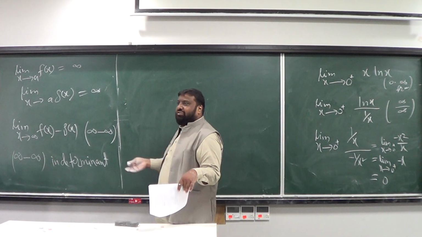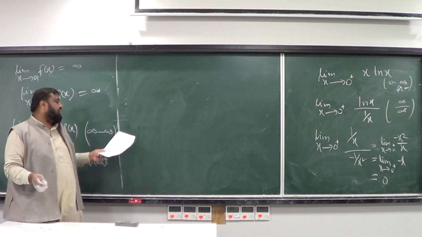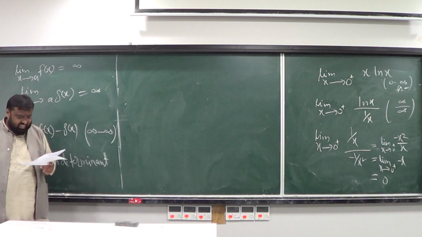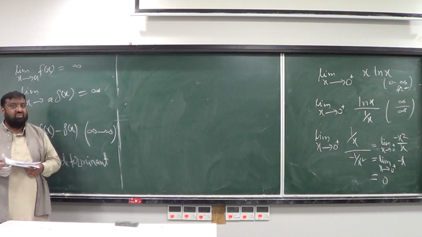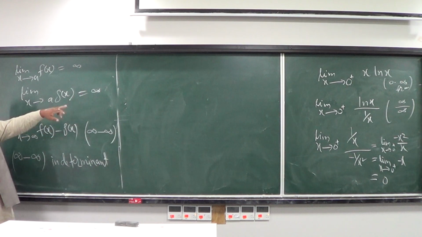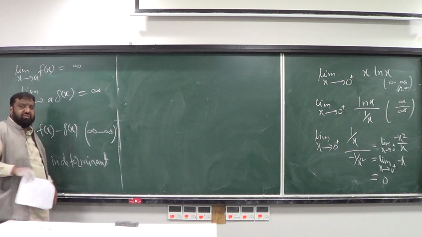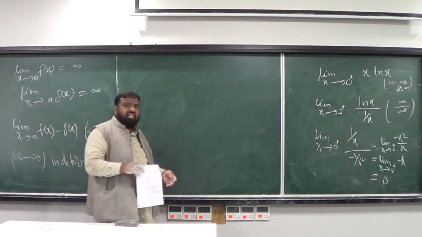And you can't even say infinity minus infinity is infinity, since we don't know about the sizes of the infinities. So what to do in this situation? Again, if you have this indeterminate form, try to convert it into 0 by 0 or infinity by infinity form, and then apply the L'Hopital rule.